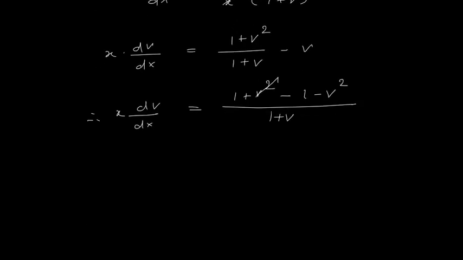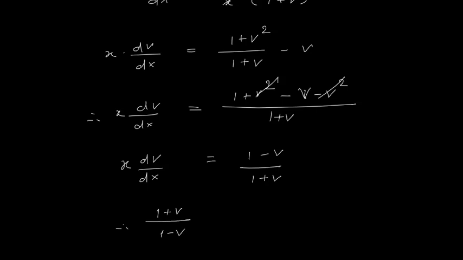So the v square cancels, and in the numerator I have 1 minus v, in the denominator I have 1 plus v. Therefore I get 1 plus v upon 1 minus v dv is equals to 1 upon x dx.